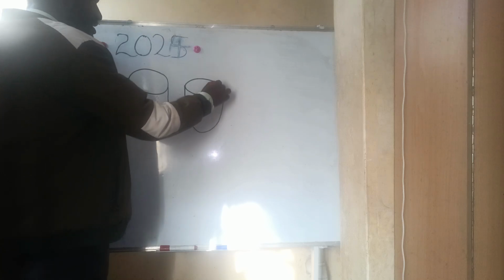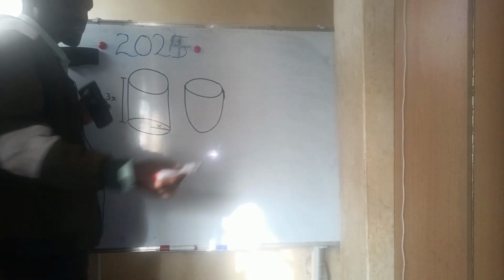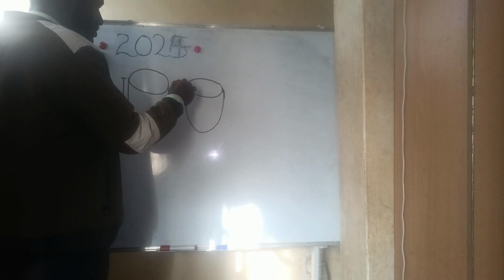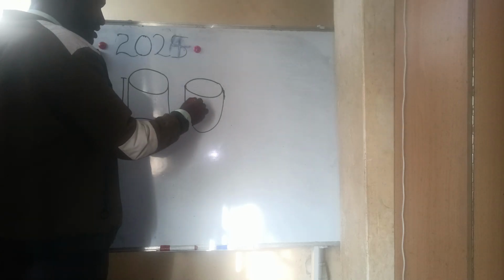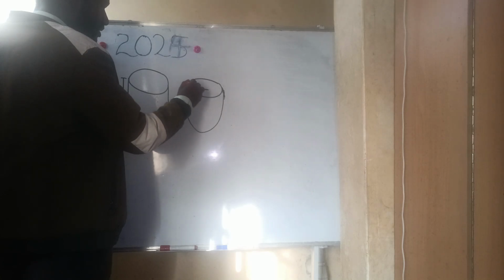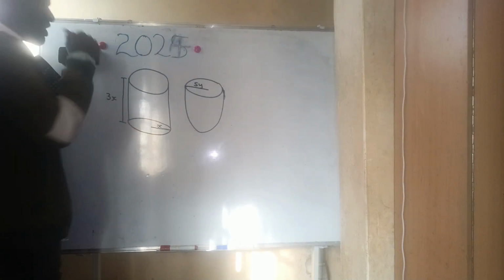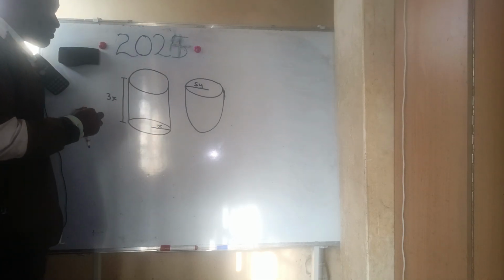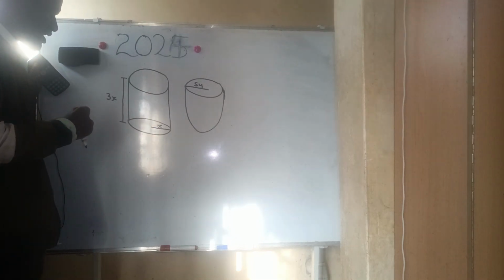So a hemisphere is just half of a sphere. And you're told that this hemisphere has a radius, and this radius is given as 5y. Any distance from the circumference or from the boundary of that diagram to the center can serve as our radius.